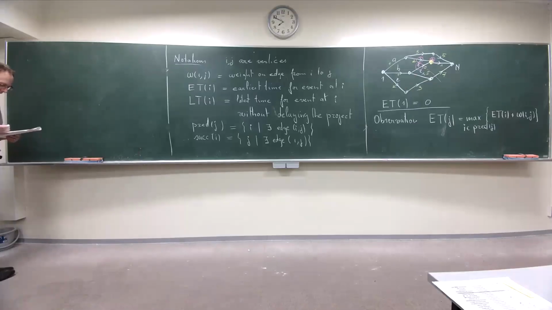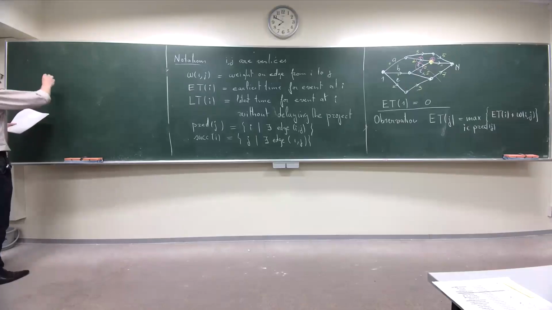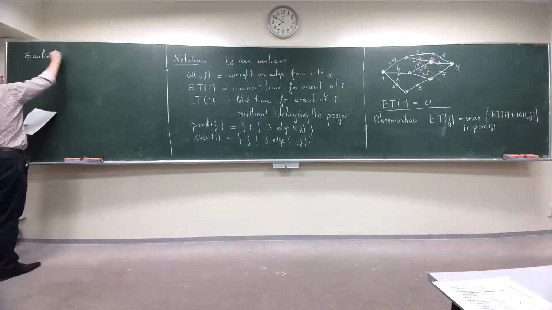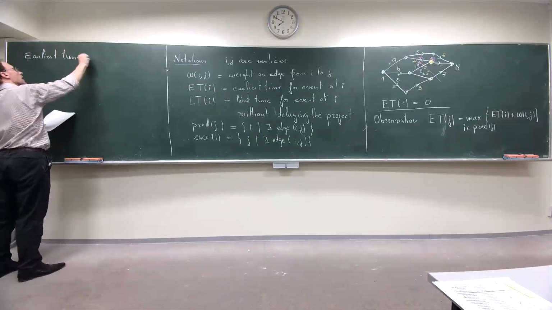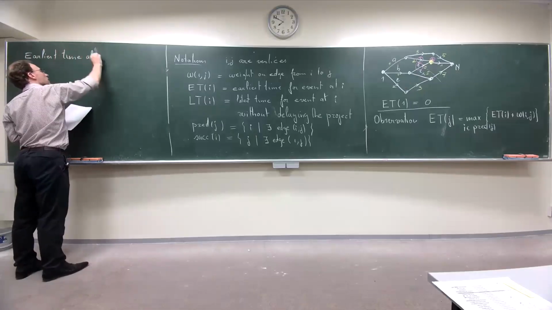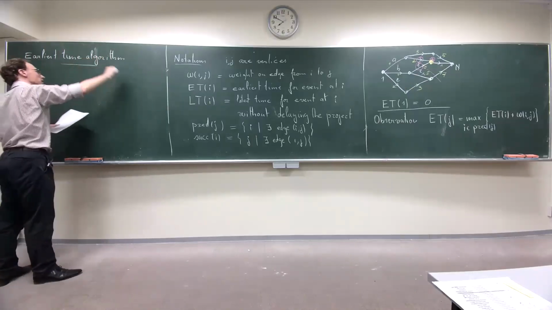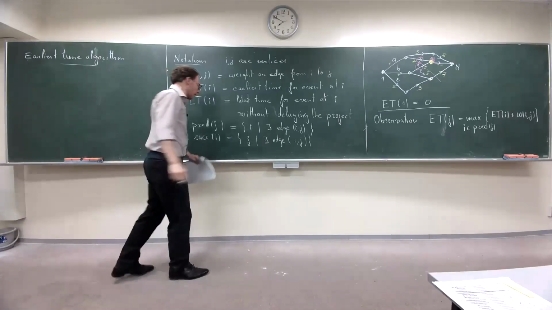Now, the algorithm. You won't have time to present the algorithm, but there is what is called the earliest time algorithm. If you haven't written any report, I encourage you to look at this, maybe do an example.